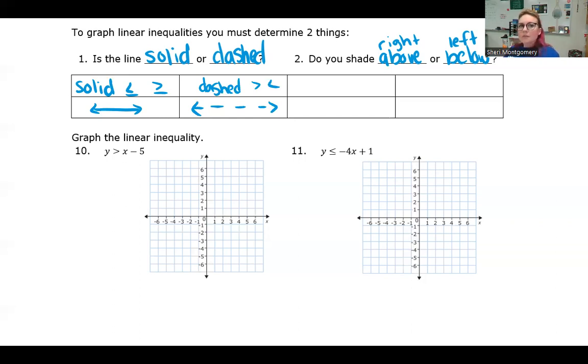Also, when you graph something and it is a solid line, any points on that line are part of your solution. So points are included. And remember that when you are dashed, the points are not included.